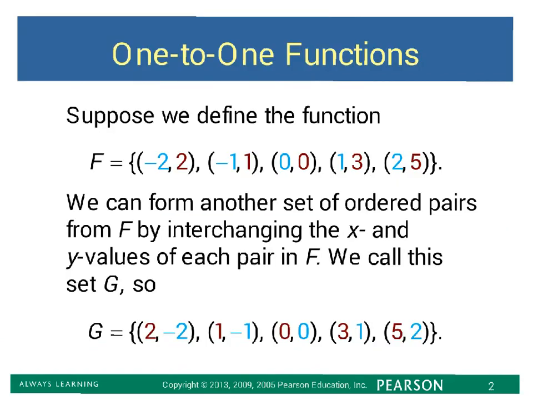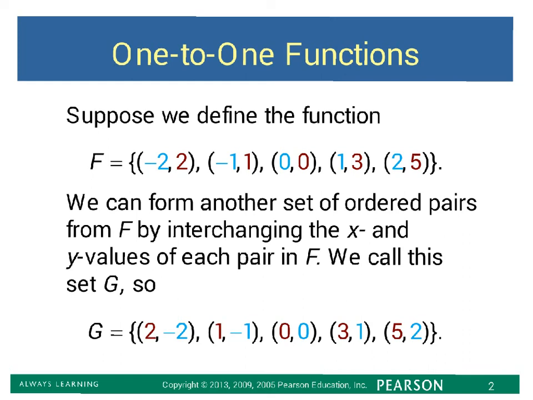Before we get into what is a one-to-one function, we're also going to define what makes a function an inverse function. Suppose we define the function; this right here is our function. We can form another set of ordered pairs from f by interchanging x and y, and that is what the inverse function is.